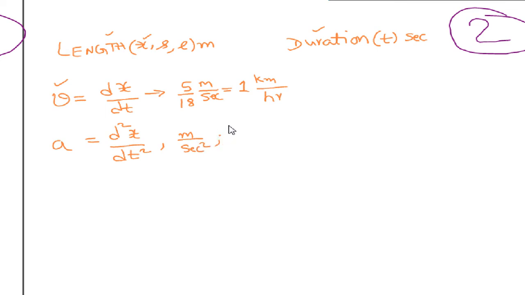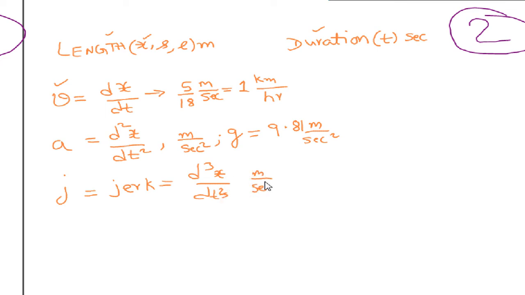You might already be familiar with the acceleration due to gravity, 9.81 meters per second square. A third quantity which we may define, which we may call jerk, is the third derivative of length, and its units will be meter per second cube.